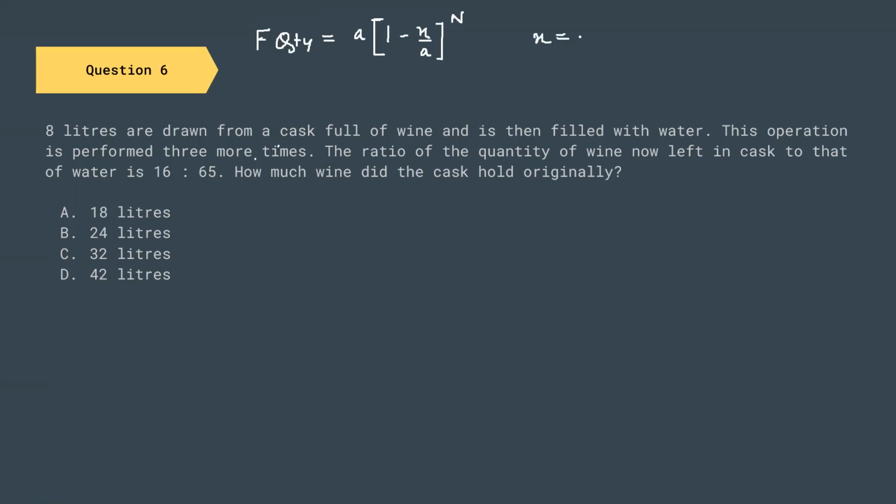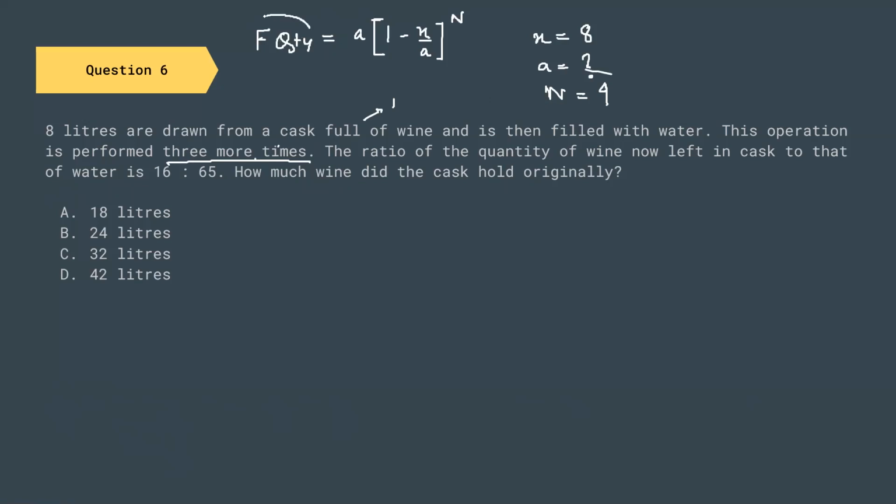So x is equal to 8, that is given in the question. We have to find a, that is our initial quantity, and the value of n is 4 because it is 3 more times. And when it is 3 more times, that means one time it is performed here, and after this one time 3 more times is performed. So the total number of times the operation is performed is 4. Okay, and now we have to find this one.